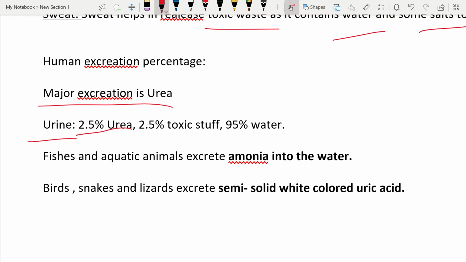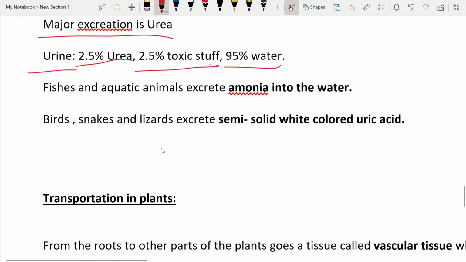You might think it's very less, but it is quite a lot. 2.5% of urea, 2.5% of toxic stuff, and you guessed it, the most is 95% water. Fishes and aquatic animals excrete ammonia into the water. Birds, snakes, and lizards excrete semi-solid white-colored uric acid.